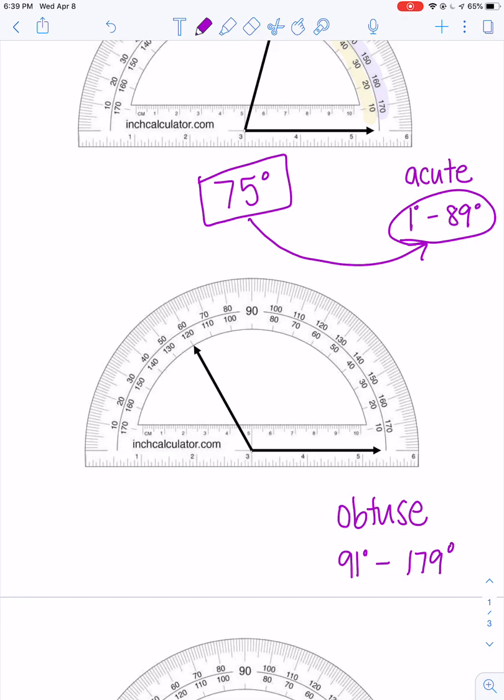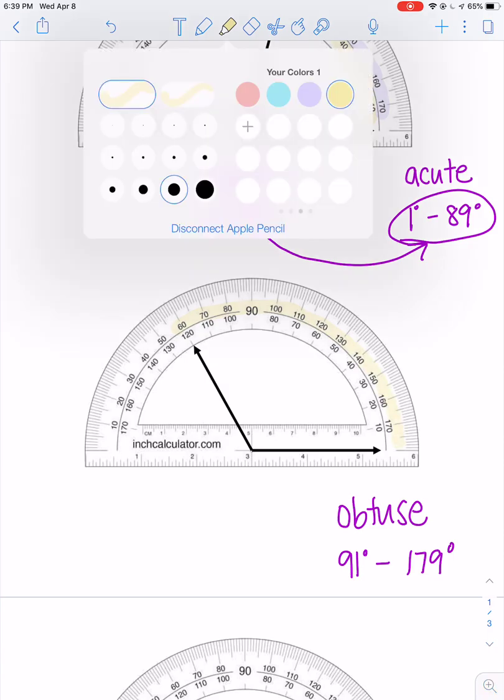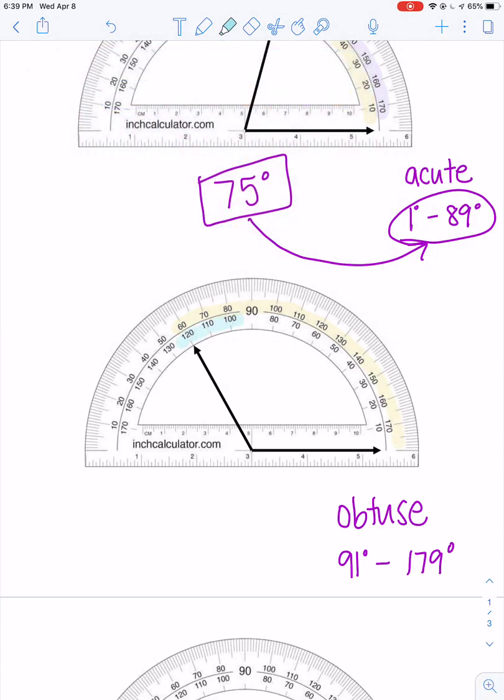So again, I have two sets of numbers that I can read. I've got, again, the top, and I've got the bottom numbers. Again, pre-assessing and knowing that it has to be a number between 91 degrees and 179 degrees, I can look at where this ray is pointing and recognize that it's either going to be 60 degrees or 120 degrees because it's pointing right at those numbers.